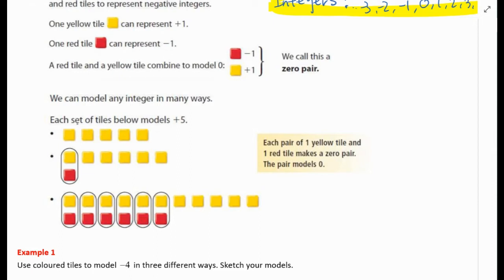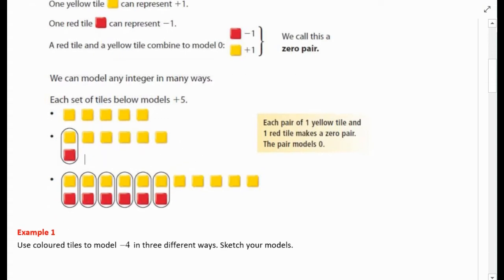So we can model any integers in many ways. For example, say we're modeling positive 5. So we can simply list 5 positive tiles. Or list 5 positive tiles and 1 negative tile. Then because of the 0 pair, this will be cancelled, and you have positive 5.